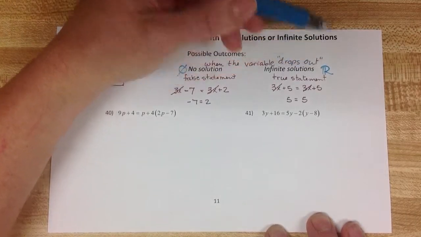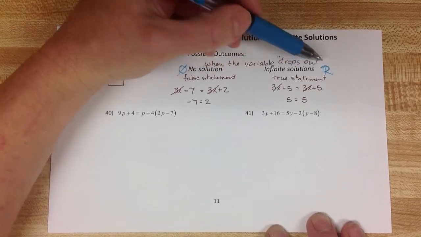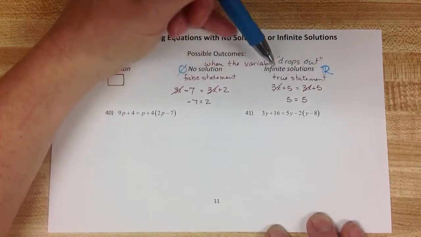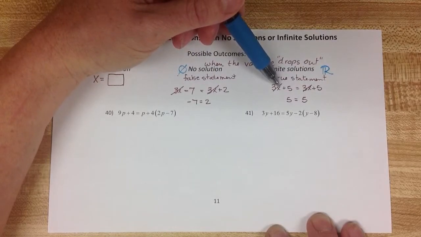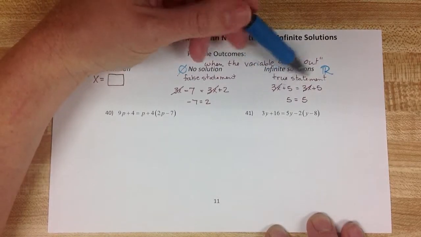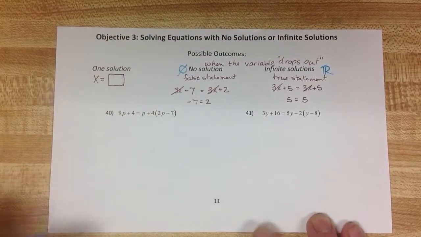And that is the symbol in mathematics for all real numbers, because any real number put into this statement, whether I put in 7, negative 12, positive 1 and 5/10, 36, your grandma's birthday, it's always going to come out to be true. So let's look at a couple of examples of those.